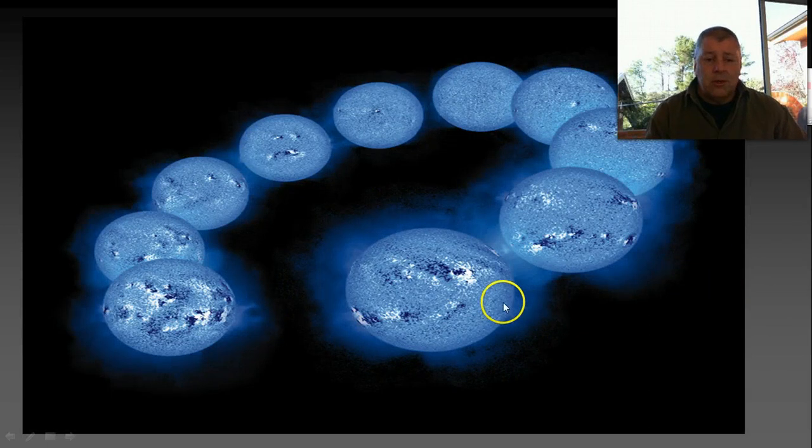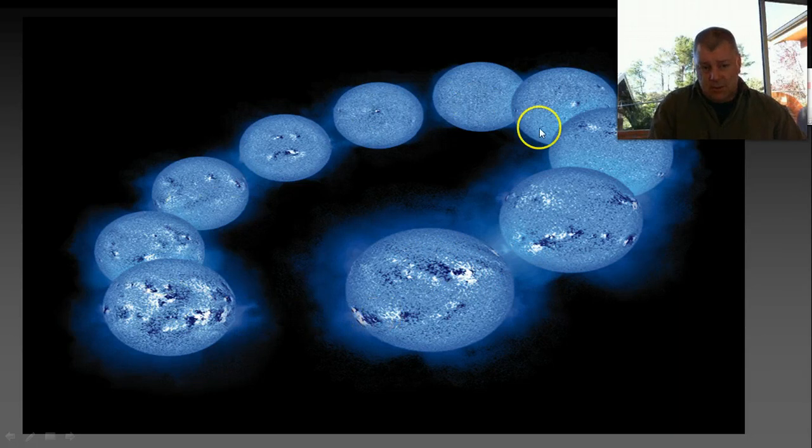Where those poles are popping out of the surface, they are represented by these black areas, sometimes referred to as sunspots. Are they super hot or super cold relative to the rest? I think they're super hot relative to the rest of the surface, and it's where magnetic flux lines are coming out of the surface.